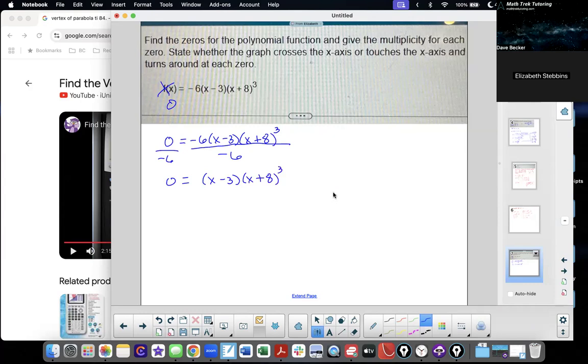And now we have the zero product principle because we have two things being multiplied. If I have two things being multiplied that equal 0, either one of them can be 0 to make a true equation, right? So we're going to find the values of x that make each of these individual expressions equal to 0. You might have heard teachers say, set them equal to 0.